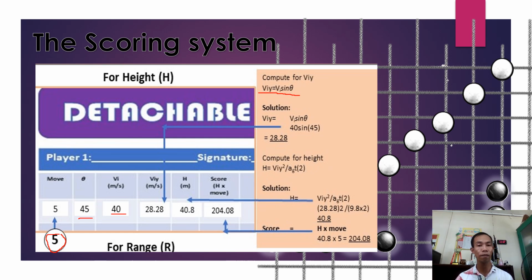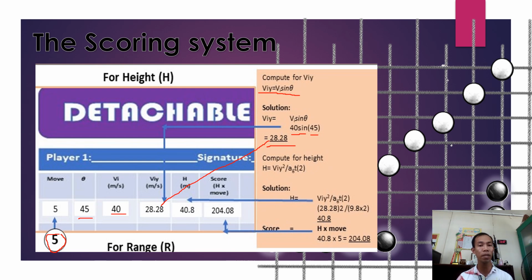Therefore, solving for V sub I y, you will have V sub I y is equal to V sub I sine theta. V sub I is equal to 40 meters per second, and the sine of 45, and that would be equal to 28.8. And there it is, under that column of the score sheet.